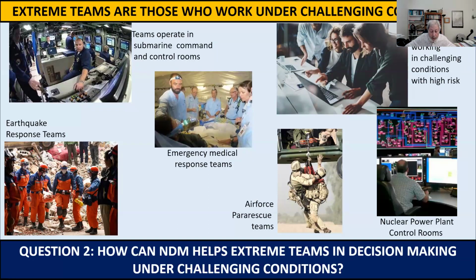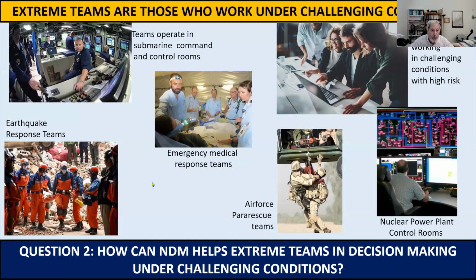What we found a number of years ago when we conducted these studies is that a common reason that teams fall apart is people aren't really sure what their role is, what their function is. They don't know who's supposed to do what, especially when the situation gets challenging and unexpected events happen and they have to adapt and improvise.